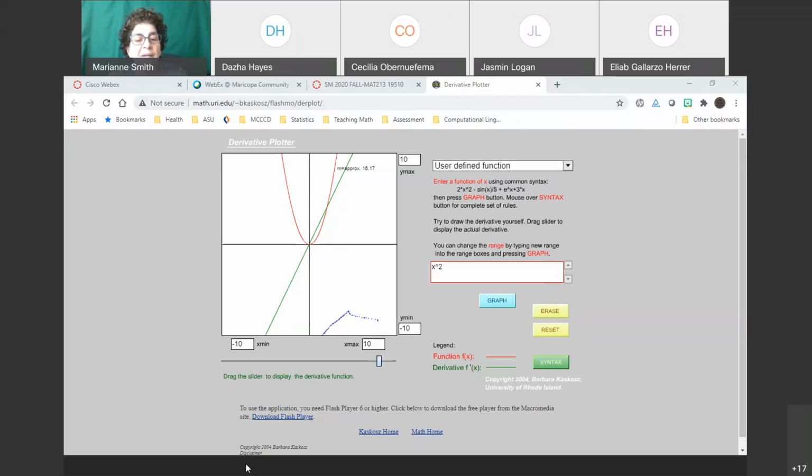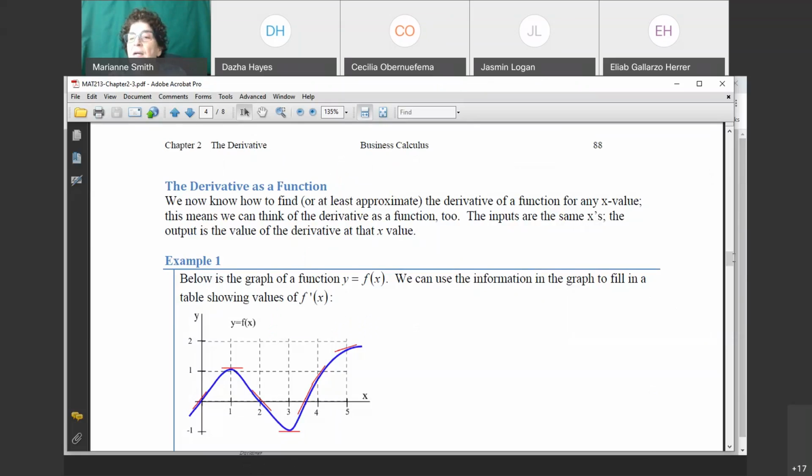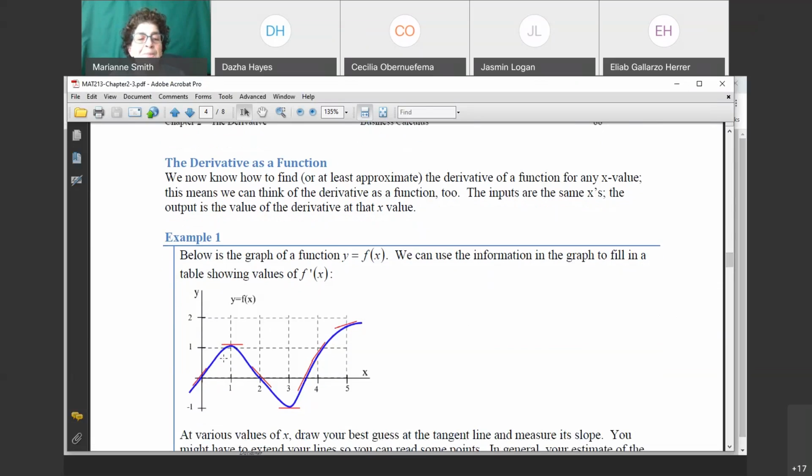Okay, let me bring this up and see where we are. What they do in the text is have you fill out a table of values. Here's one they've done for you already, where you're approximating the slope of a tangent line. In this graph, the red slope is positive, about 1.